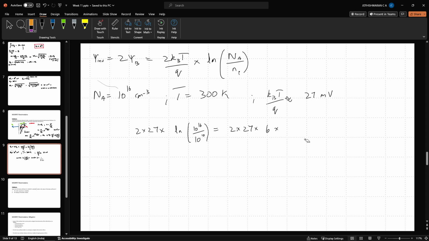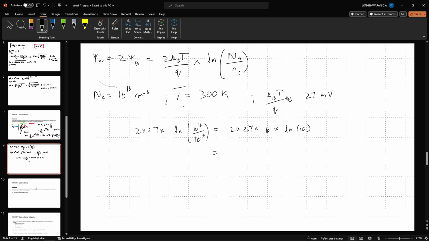Log to the base 10 is always going to be smaller than log to the base e, so the factor multiplies. Natural log of 10 comes out to be 2.3, so there is another 2.3 over here. So this answer comes out to be 27, that's 54, times 6 into 3.